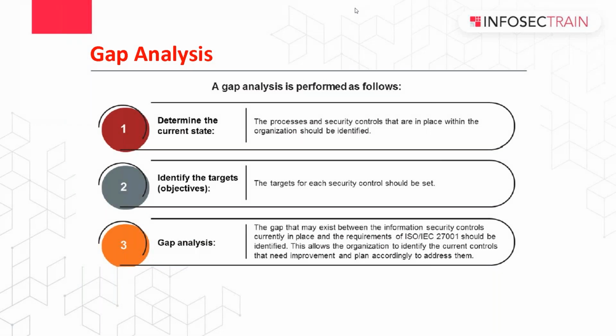So first, determine the current state. How are we going to determine the current state, the current state of the organization? For that we are going to collect certain information: information by observation, information by questioning, information by interviewing.